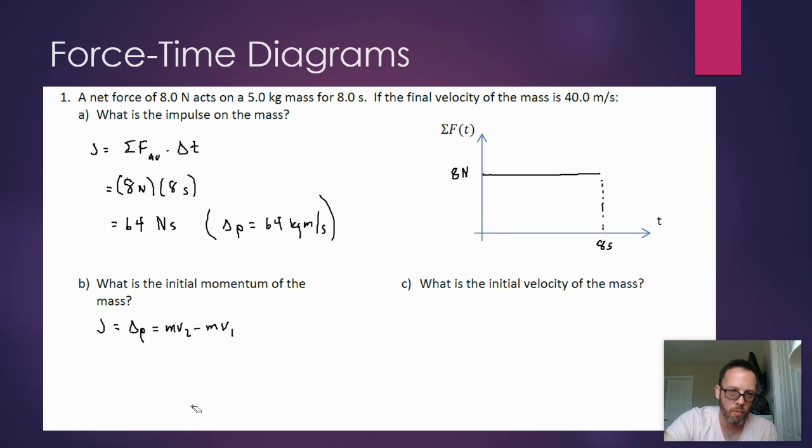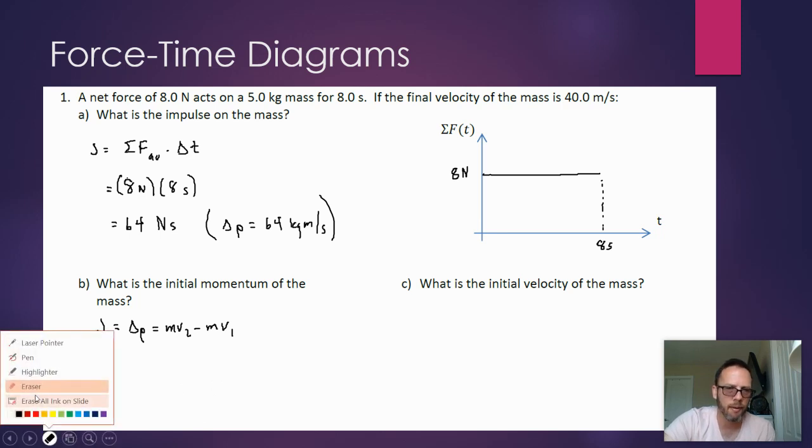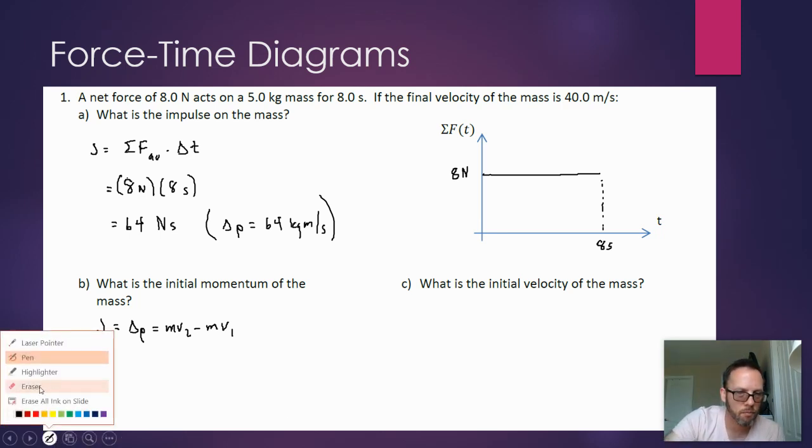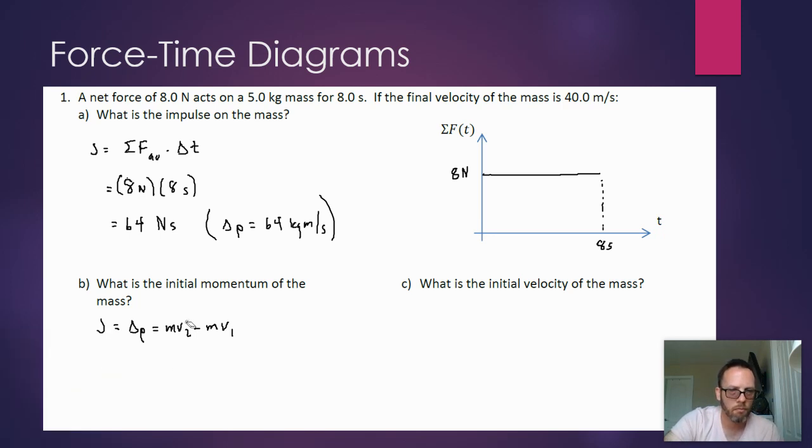Because what we see here is that momentum should be gained. We should be getting a positive value here. So what's the initial momentum? I'm going to set it up as p2 minus p1.